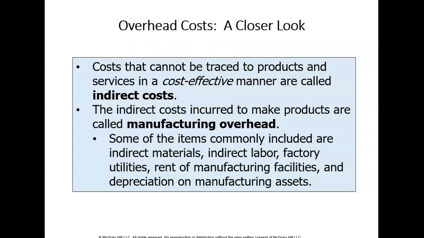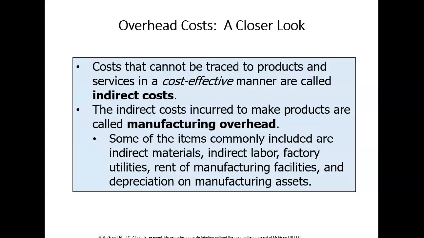Well, those indirect costs are going to be included in your manufacturing overhead. So items such as indirect materials, those would be material we consider to be insignificant. I mean, they're needed, but we can't trace those to a specific product because we may have bought a whole bunch of screws, nails, other small items. Indirect labor. So let's say that we have a warehouse and there's a security guard that works inside the warehouse.